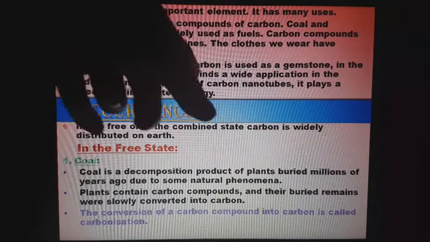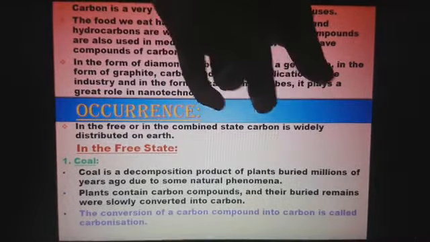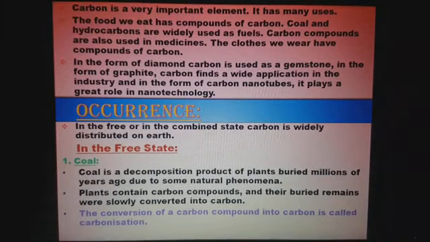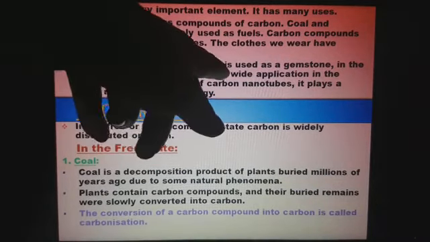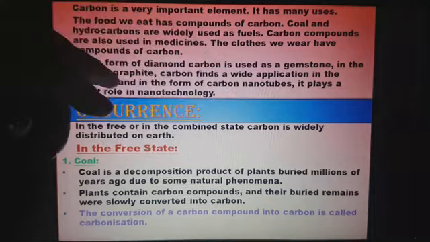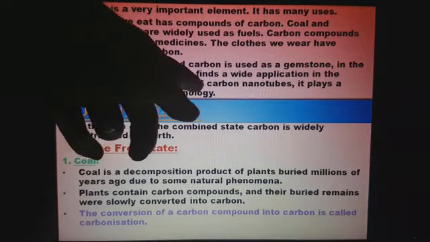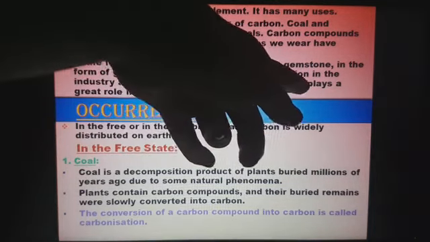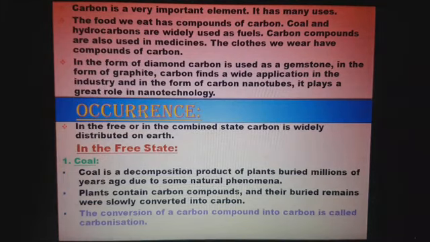In the form of diamond, carbon is used as a gemstone. In the form of graphite, carbon finds wide application in industry, and in the form of carbon nanotubes, it plays a great role in nanotechnology. So these are some of the forms of carbon: diamond, graphite, carbon nanotubes, and these are useful in one way or another.